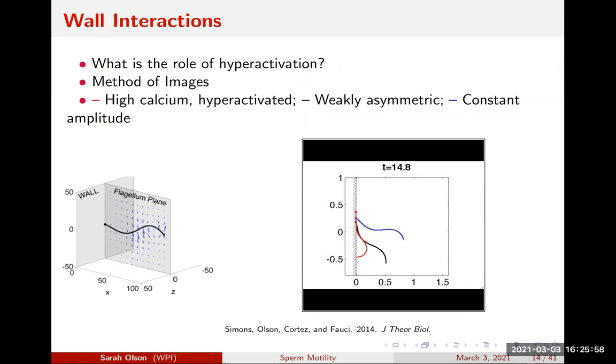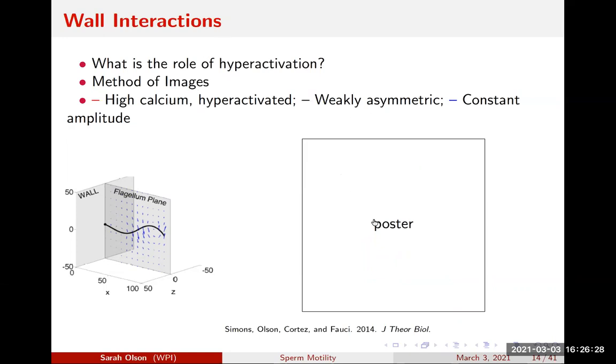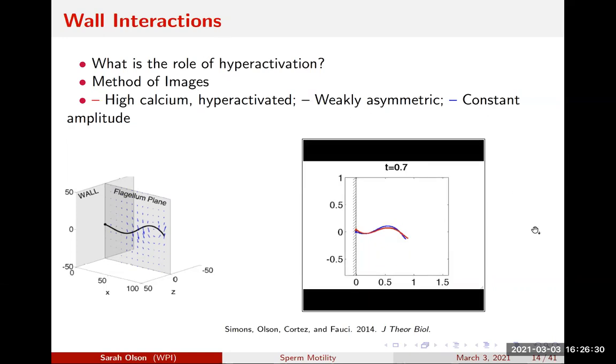One of the proposed mechanisms was that it could help the sperm continue to navigate when it's near walls, in particular the oviductal epithelium. Here we have 3 different simulations: our high calcium case, solving the calcium equations and having the emergent beat form and amplitude based on the calcium concentration, a weakly asymmetric case, and a constant amplitude case.